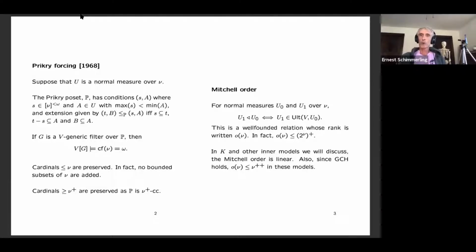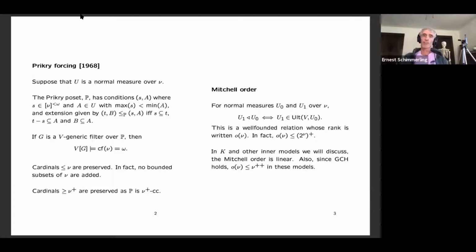But for normal measures U0 and U1 over nu, U1 is Mitchell below U0 if U1 is in the ultrapower by U0. And this is a well-founded relation. I won't prove it. And the rank of this relation restricted to normal measures over nu is written o(nu).